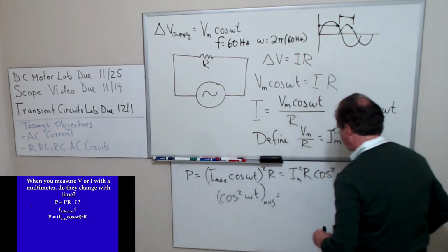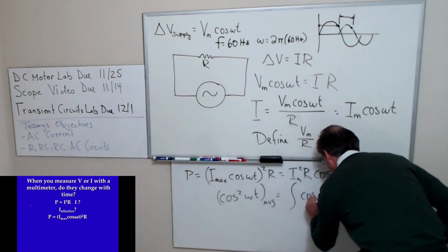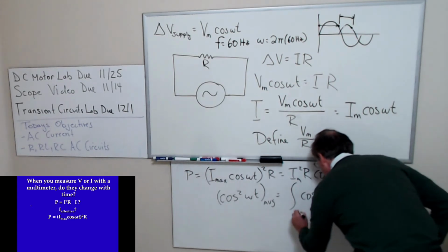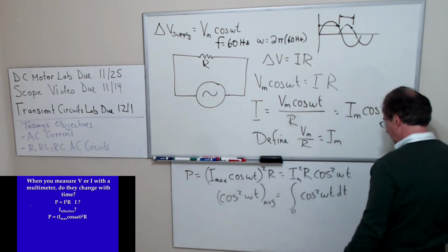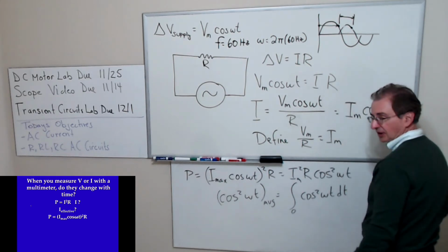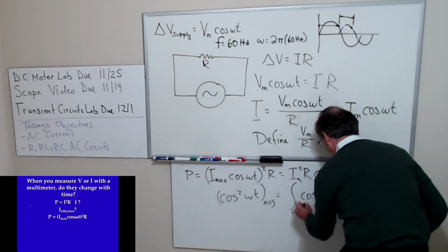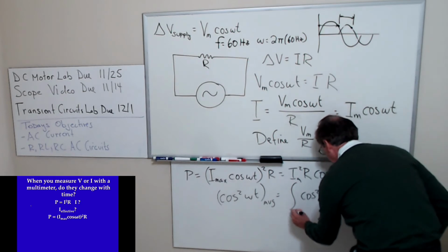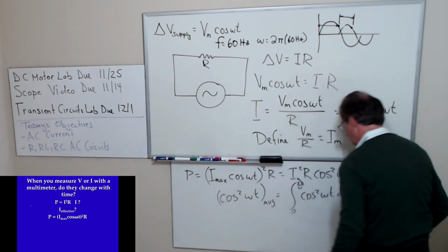Well, you take the integral of the function from omega t equals 0 to 2 pi, so from t equals 0 to t equals 2 pi over omega.